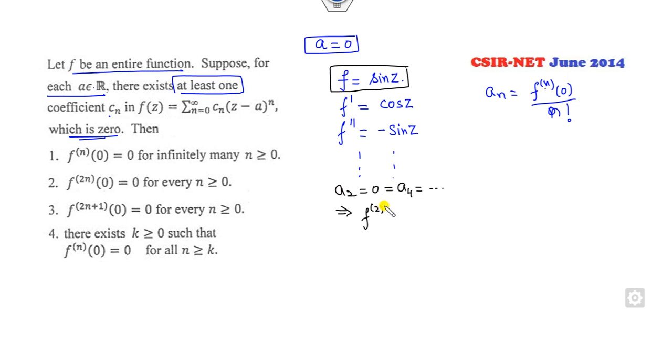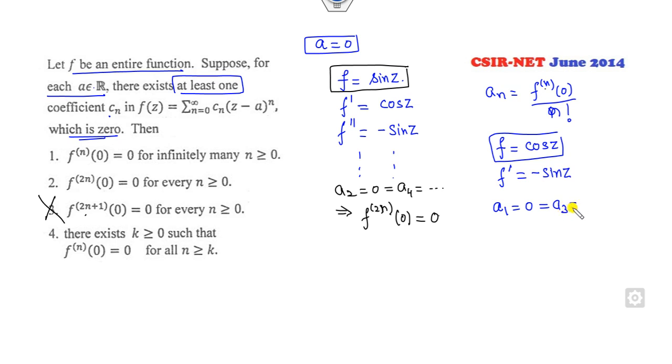F of even order at the point 0 is 0, so this is cancelled out. Fine. If I take the example f as cos z, then we get a1 is 0, a3 is 0, and so on.